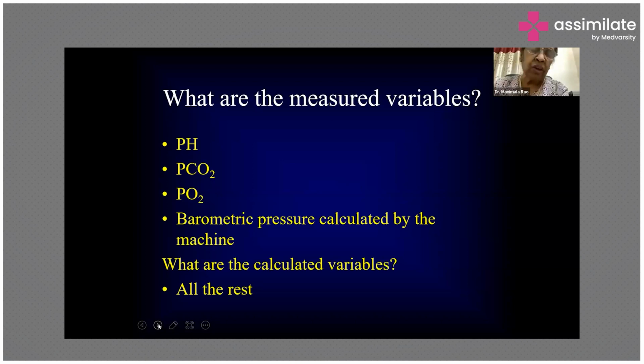All the rest of the variables we get are calculated from various things. From the PCO2 and the pH, we get the base excess. From the hemoglobin, we get the saturation. So only 3 variables are measured in the blood gas machine, and these are pH, PCO2, and PO2, and of course the barometric pressure.